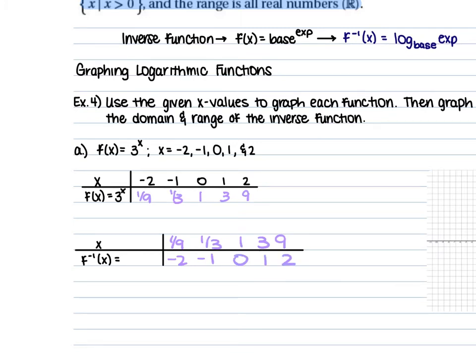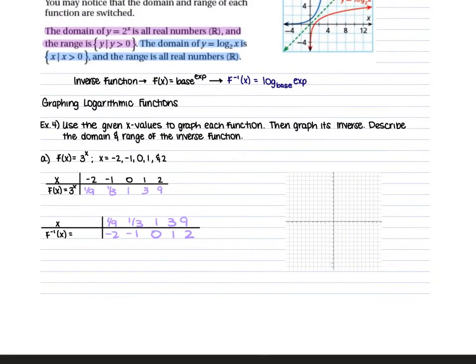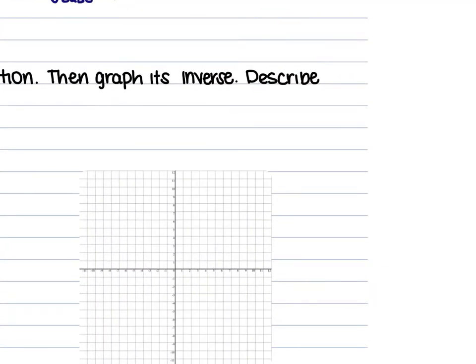So we go to graph these. Our first one has x as negative 2, negative 1, 0, 1, and 2. The first point is negative 2, 1/9, which is going to probably be about here. And then negative 1, 1/3, so we're going a little bit up. Then 0, 1, 1, 3, and 2, 9.